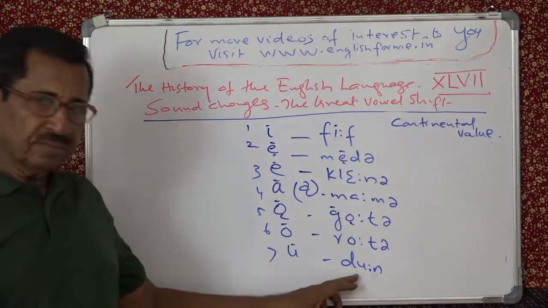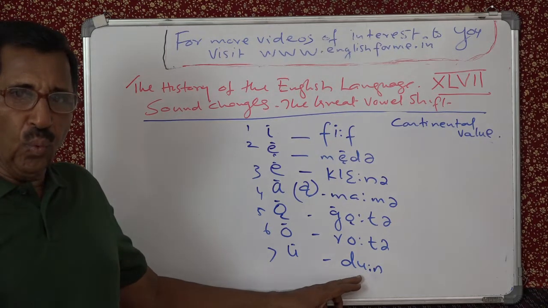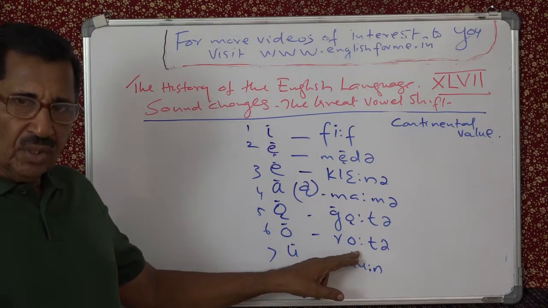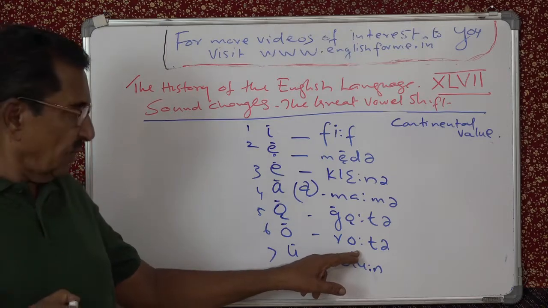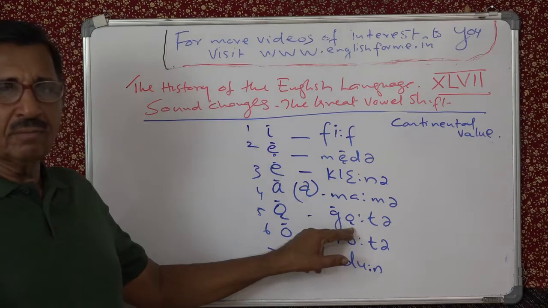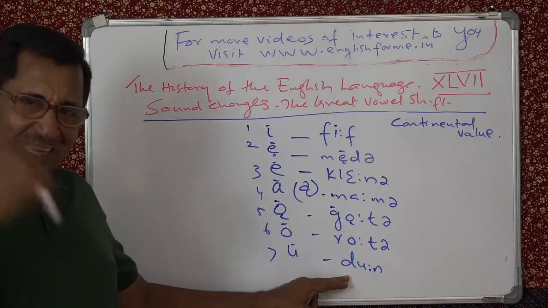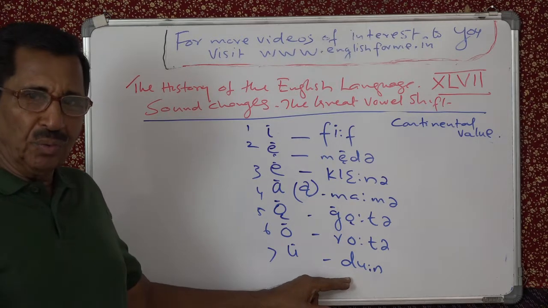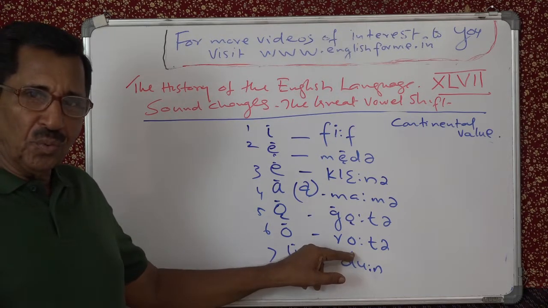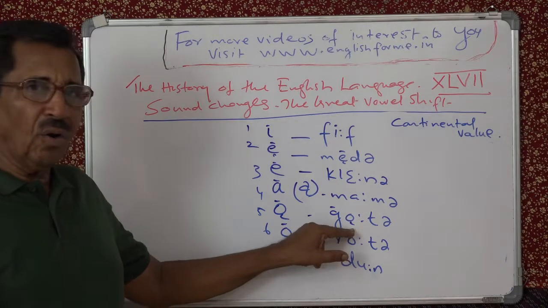This is full. Doom. And below that, you. These are back vowels. Rot and root. This is the highest point. The back of the tongue is at its highest point in doom. A little below, rot and got.